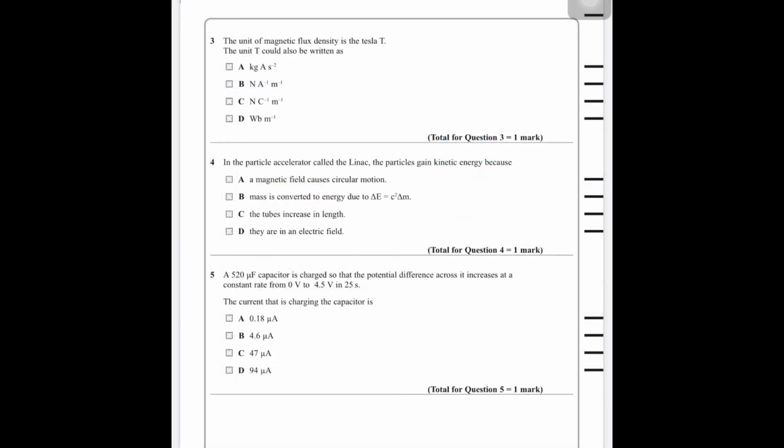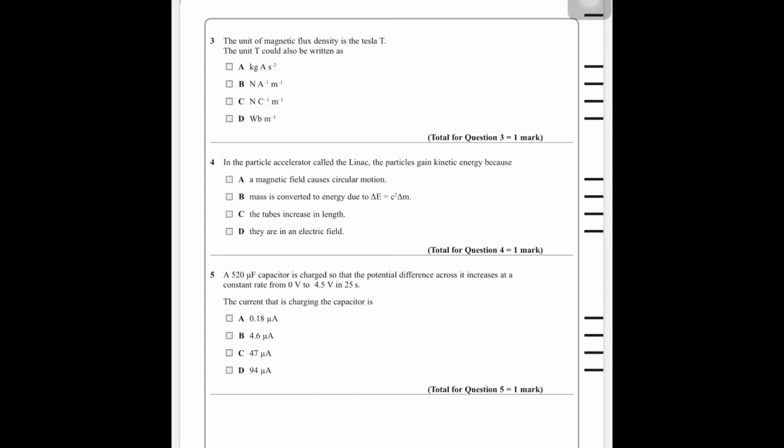Number 4. In the particle accelerator called the LINAC, the particle gains kinetic energy because A, a magnetic field causes circular motion. No, this is not the answer because the LINAC does not cause a circular motion. Even if it did, it would not be the reason to increase the kinetic energy.